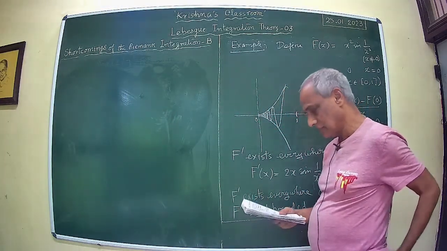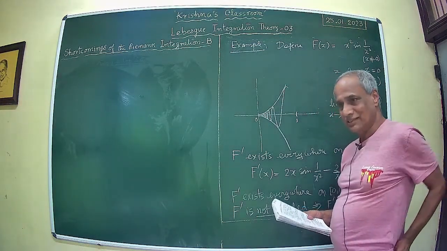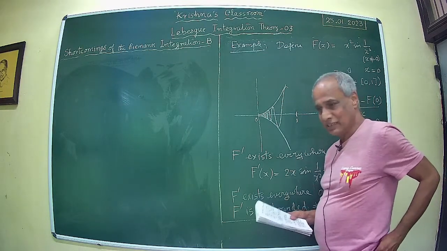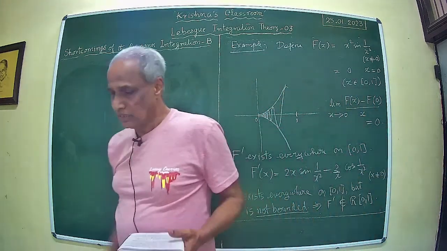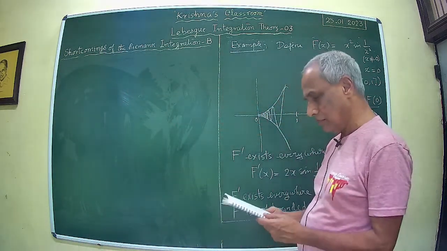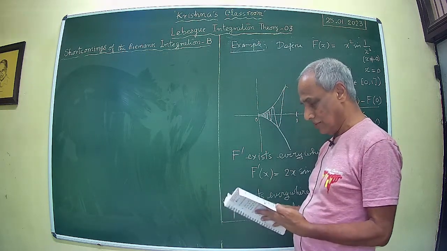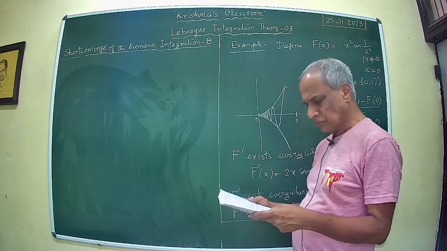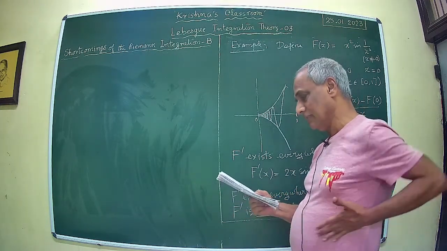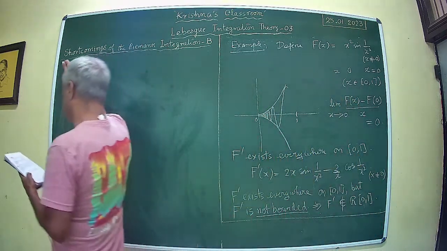It's a bit of an involved construction, which involves recalling something about C alpha. I will do that. But before that, we will build up the ingredients required to define such a function. And I will just quickly run over this and then we can get the required function defined.